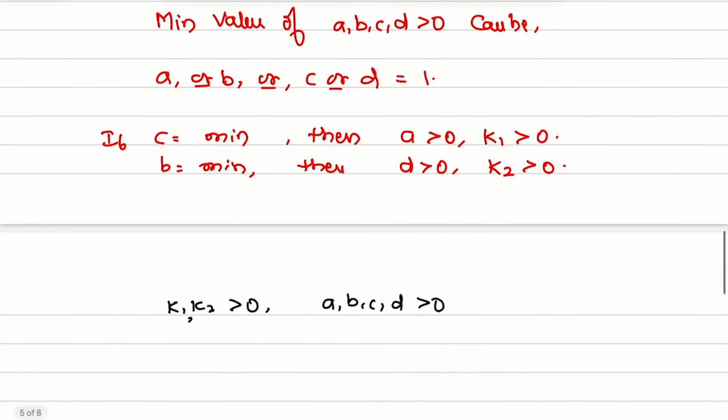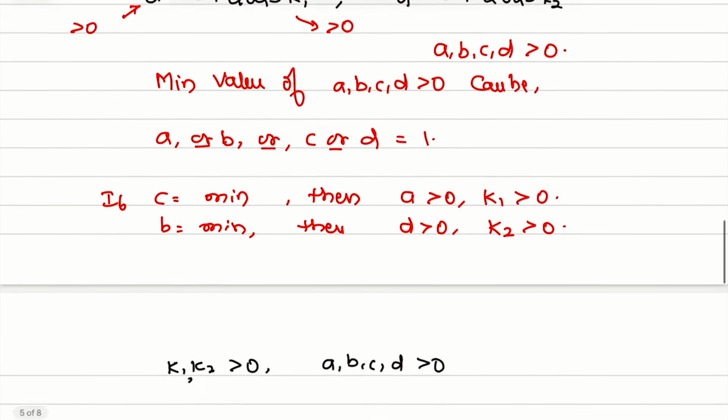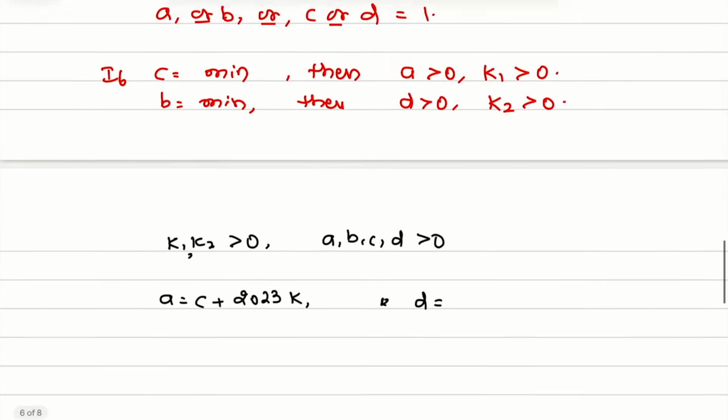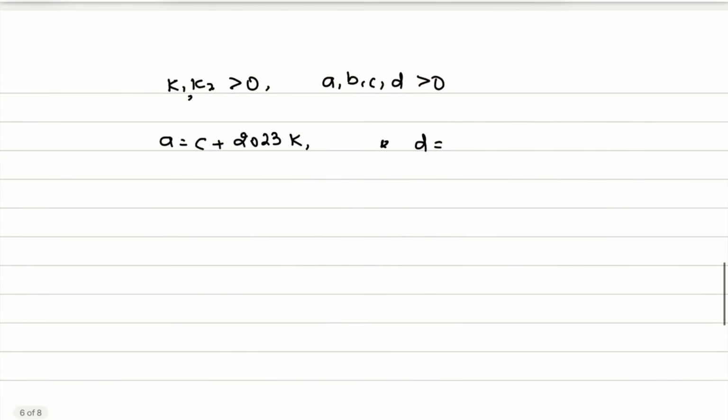In the equations, a is equal to c plus 2023 into k1 and d is equal to b plus 2023 into k2.